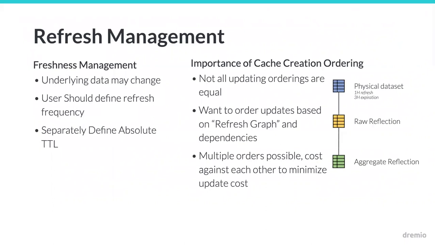And the simple example would be, as you see in this diagram here, if we have a physical data set and we created both a raw and an aggregate reflection, most likely the aggregate reflection can actually use the raw reflection for its refresh. So we will make sure to first refresh the raw reflection, and then once that is done, refresh the aggregate reflection.